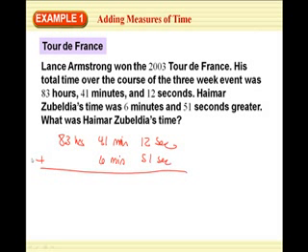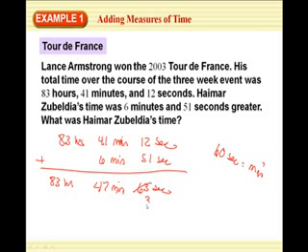So we're going to add to it. So we're going to add seconds to seconds. That's 63 seconds. That's 47 minutes. And we don't have any hours to add to it. We need to, just like in fractions, we need to simplify. 60 seconds equals a minute. So we can take 60 out of here, leaving 3 seconds, and put it over here in the minutes.